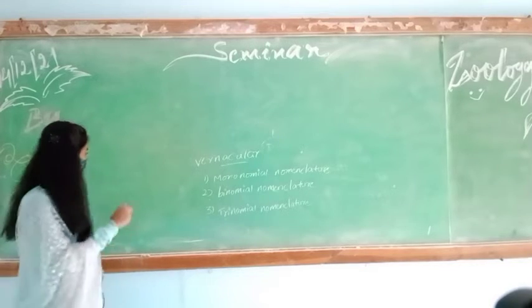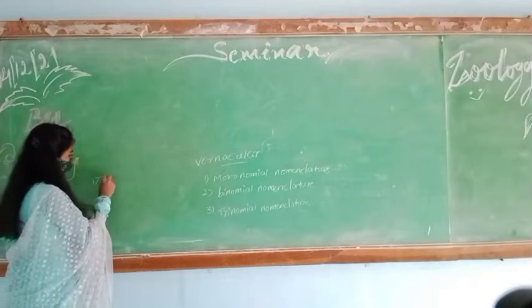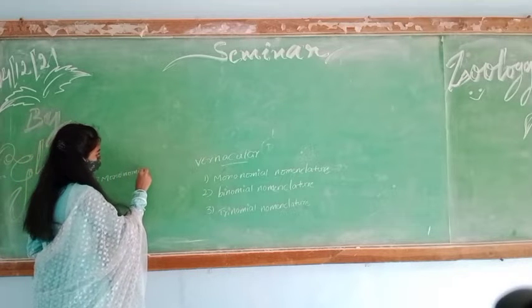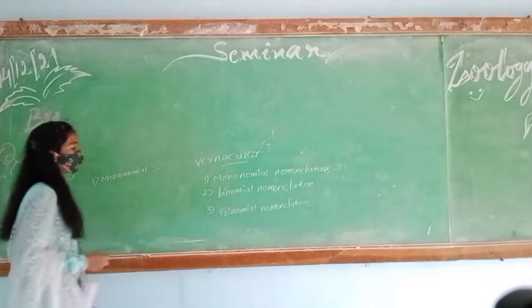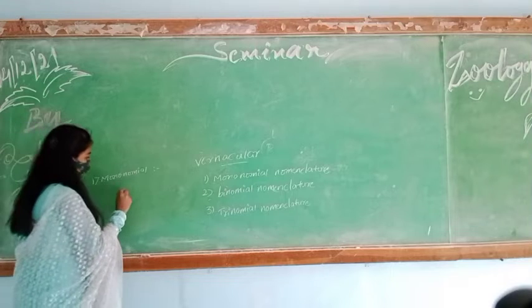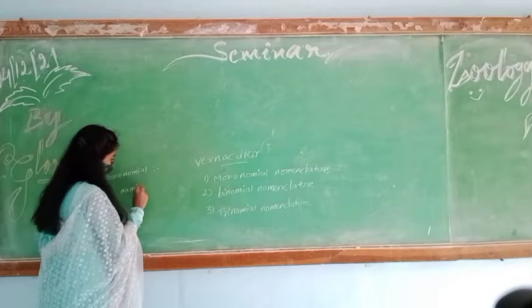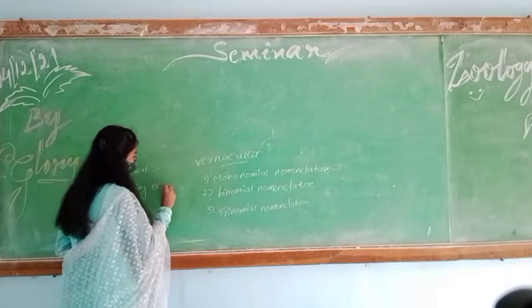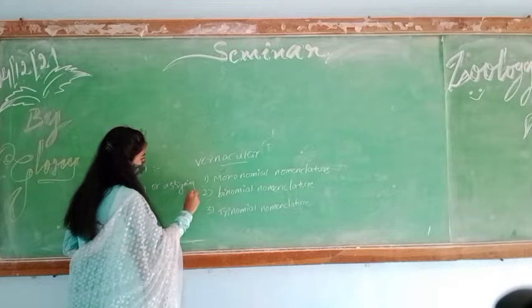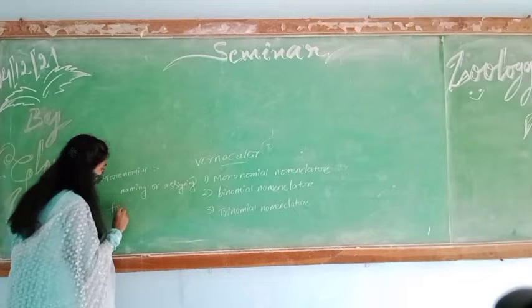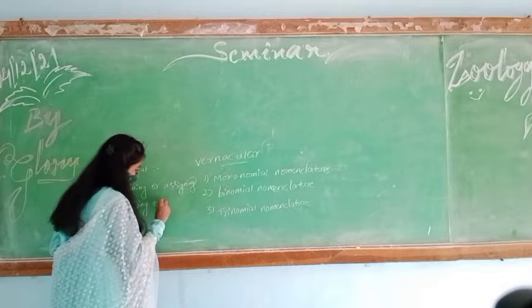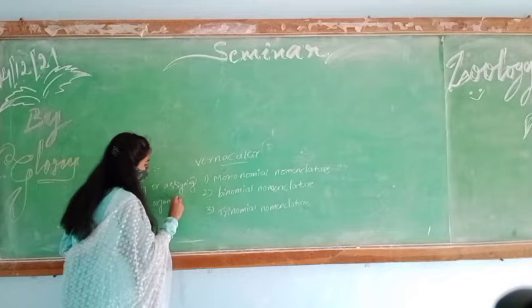Mononomial nomenclature is the naming or assigning of a living organism with a single word.